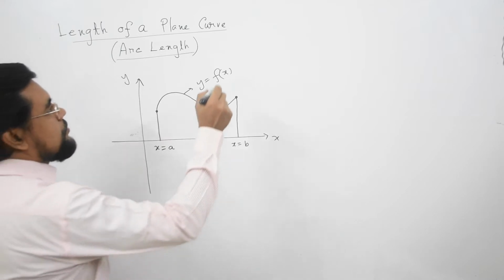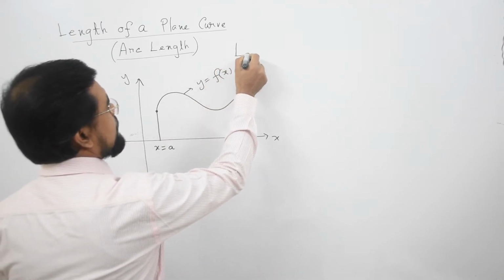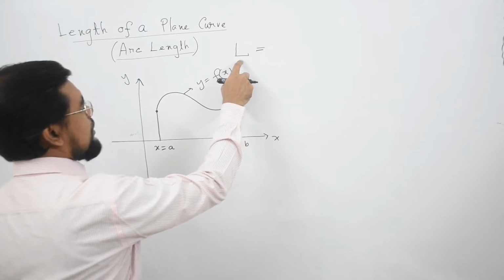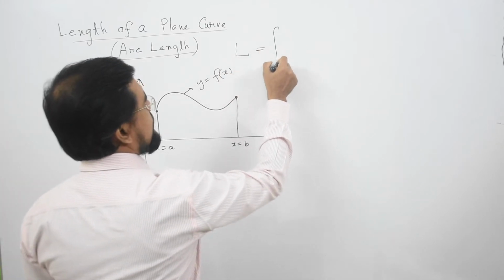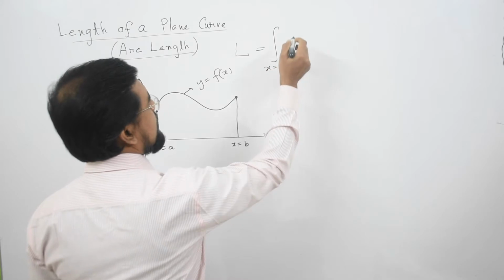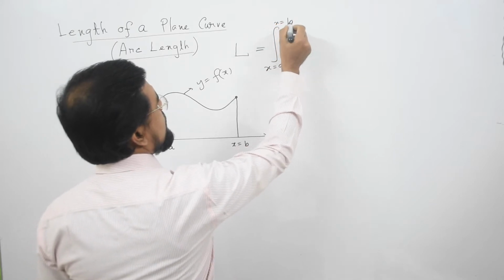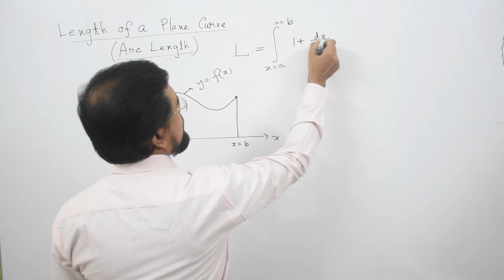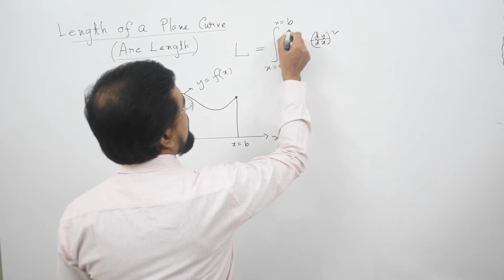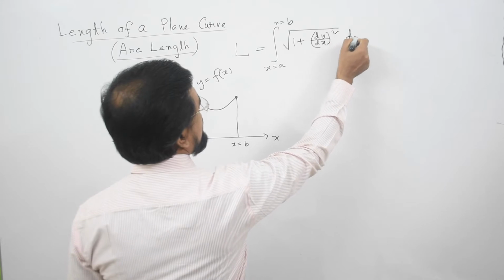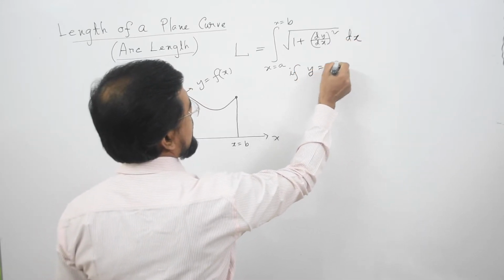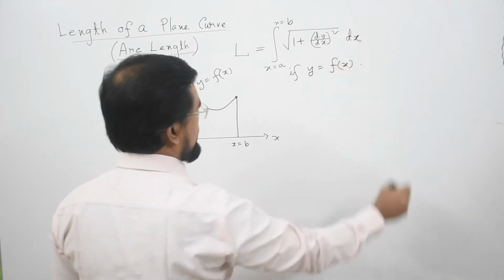And we know there is a formula to calculate arc length. Arc length is denoted by capital L. By the help of integration we can calculate it: the integral of the square root of 1 plus (dy/dx) squared, if you have a curve like this, y equal to f(x).